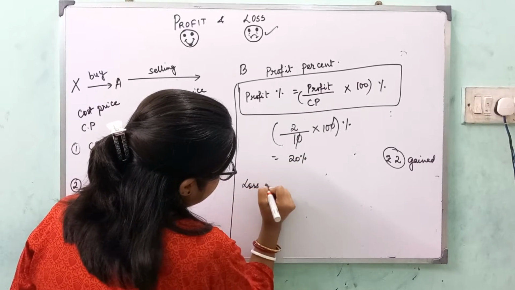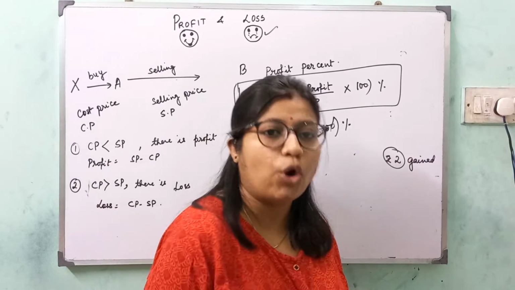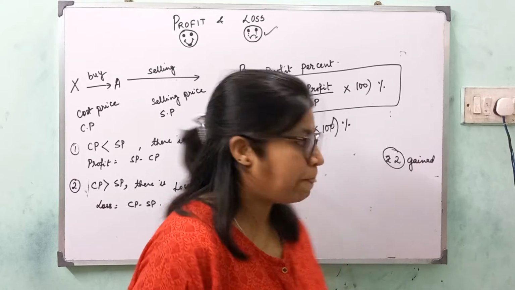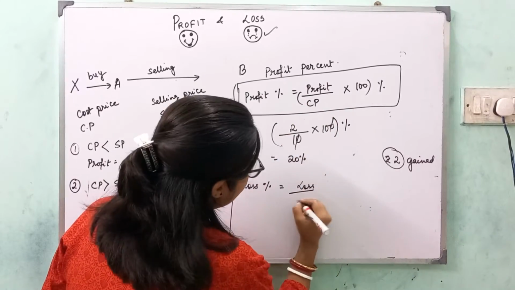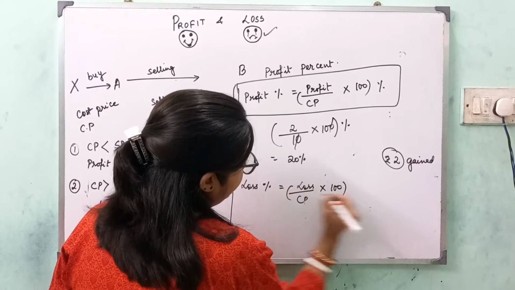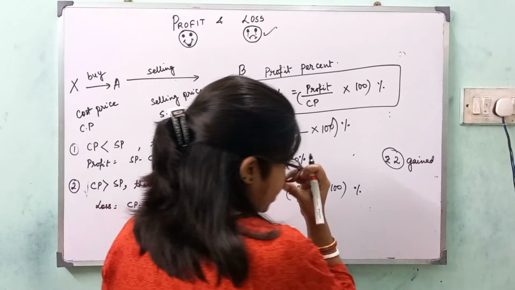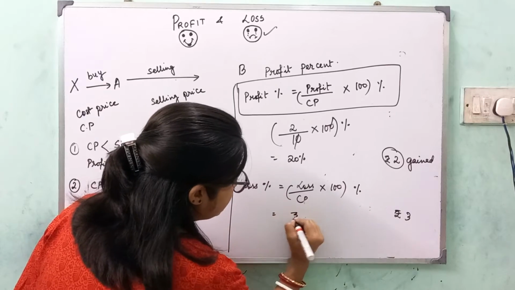So for loss percentage also, the same story goes on. Whenever you have a loss, you calculate it upon your cost price. So here you will simply replace the profit by the loss. So it is loss by CP into 100%. In the second example which we saw, we had a loss of rupees 3. So what is the loss percentage?